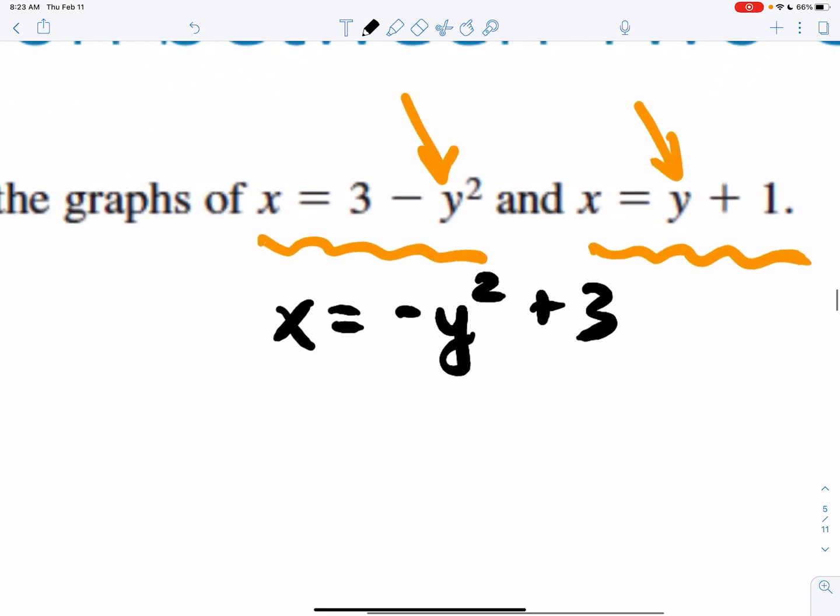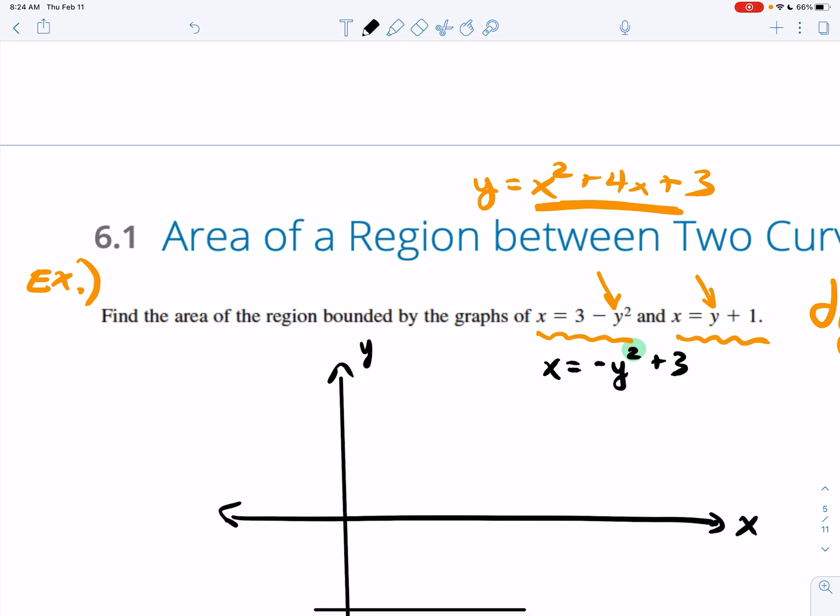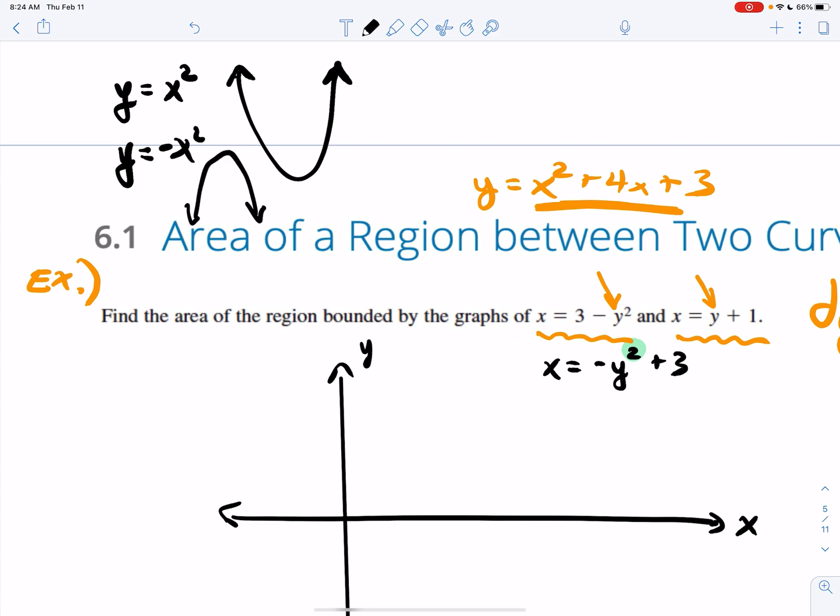The y is being squared. So I want you guys to think, when you usually have a square, what shape do you get? Okay? So when it's usually y equals x squared, you would have a parabola that's up, right? Okay? Now, what if you had a negative x squared? That parabola would be reflected down, right? So it's the same idea.